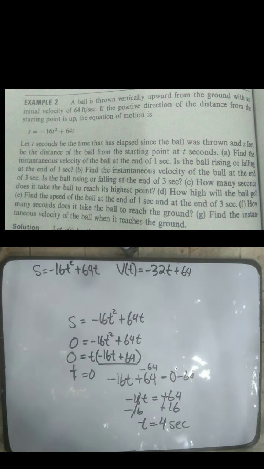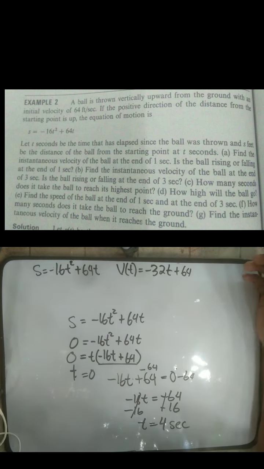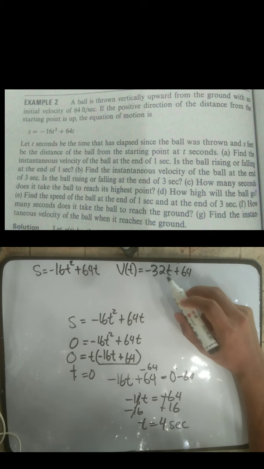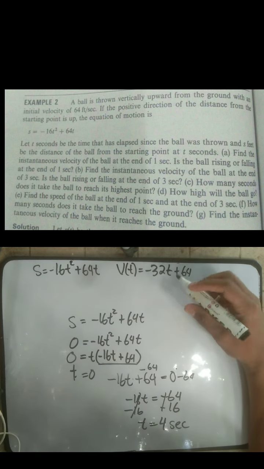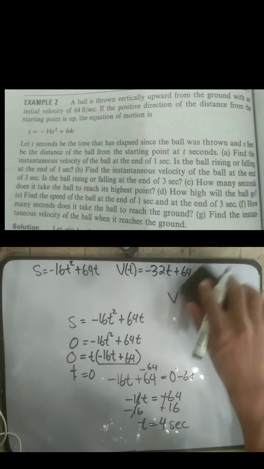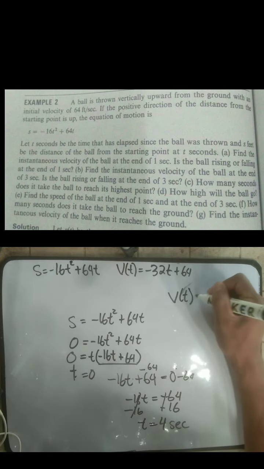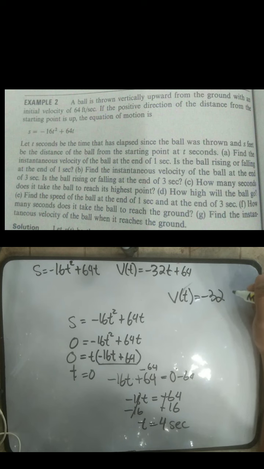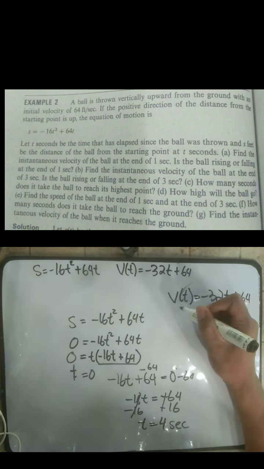So the last and final question is, find the instantaneous velocity of the ball when it reaches the ground. By using this time and the derivative form, v equals negative 32t plus 64, and our t is 4 seconds.